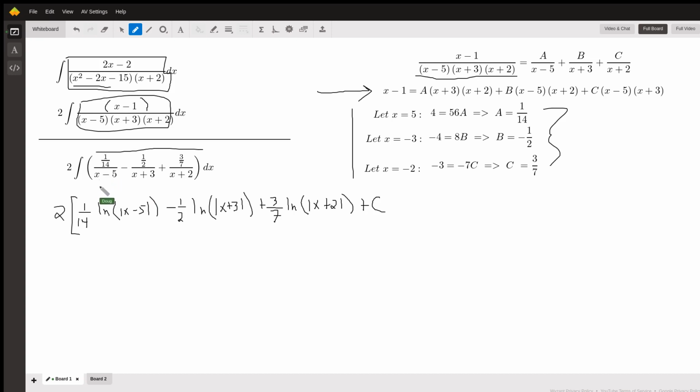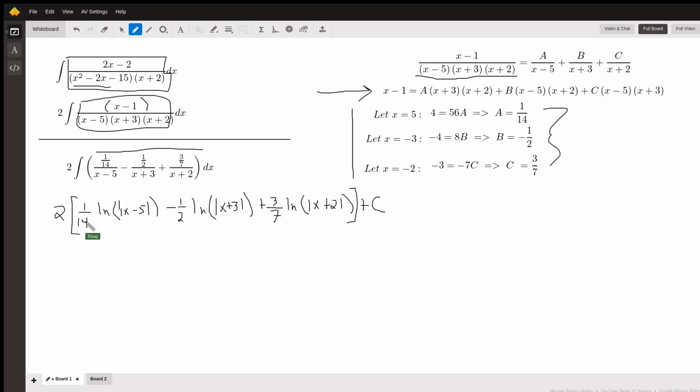You could use u substitution, but in the end, you'll see that the antiderivative of this first term is 1/14th times the natural log of the absolute value of x minus 5, minus, same deal here, 1/2 times the natural log of absolute value of x plus 3, plus 3/7 times, oh, I forgot to put brackets here, the natural log of the absolute value of x plus 2.